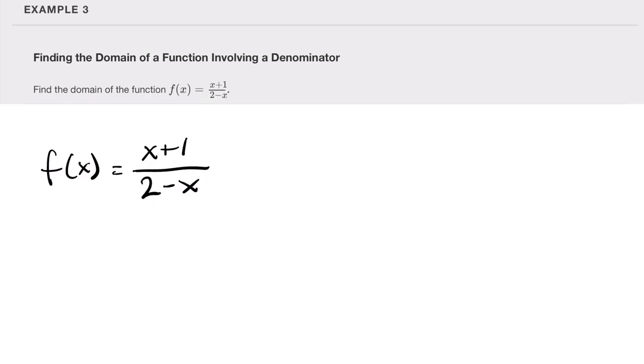So for instance, when x is 2 here, then it makes a 0 in the denominator. So the domain for this guy is going to be all real numbers except 2. So in set-builder notation, we might capture it like x is not equal to 2. And if we want to capture everything except 2, let me see the graph of that.